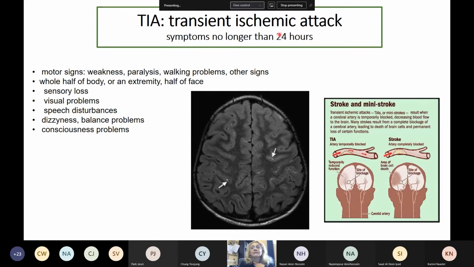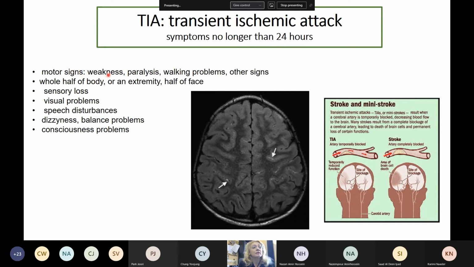The transient ischemic attack, TIA, is when the symptoms last no longer than 24 hours. So these are very small thrombi or emboli. You can have many at one time in different places, and of course many different symptoms depending on where the problem is.